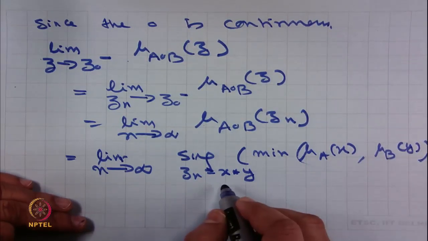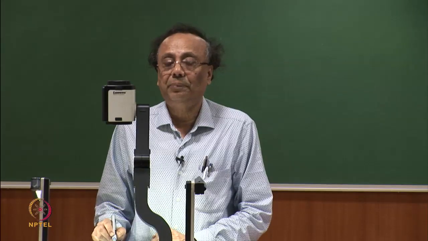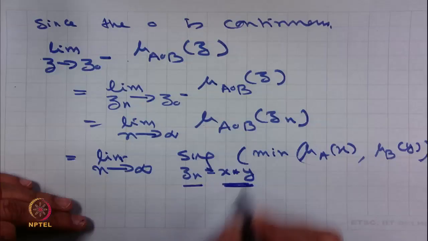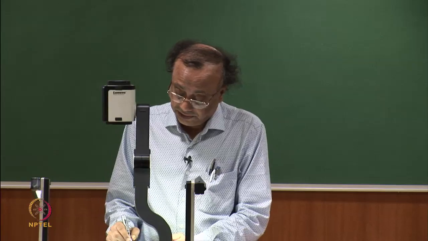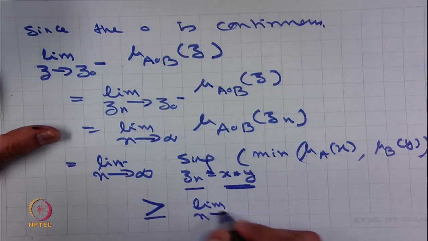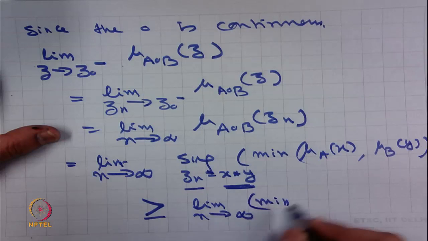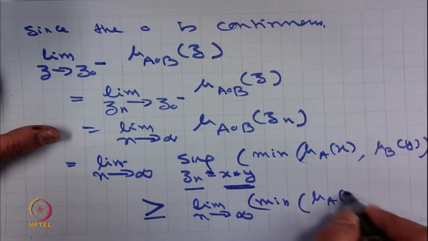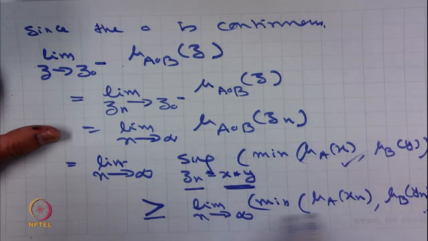Note that we have chosen one particular xn yn, but it is not mandatory that that is the only pair that will produce Zn. There may be many such x y pairs which can produce this Zn, so this is greater than or equal to limit n going to infinity of minimum of mu A of xn and mu B of yn. This is because this is the supremum and xn yn are only a particular choice.